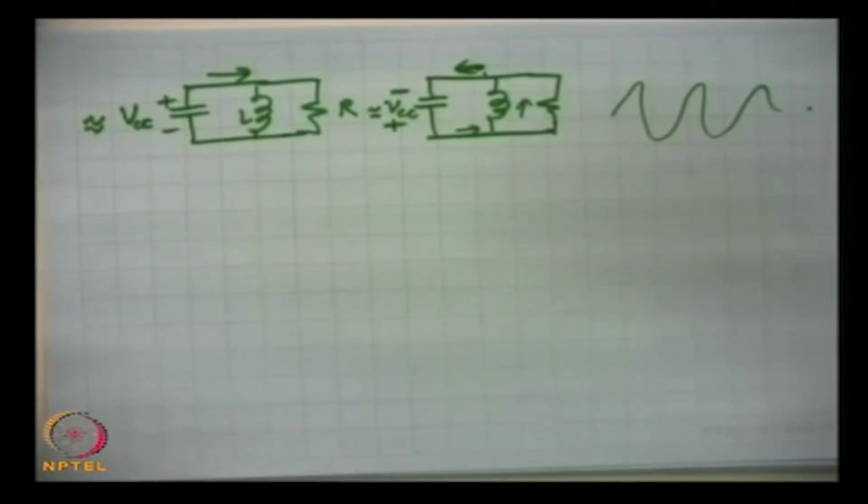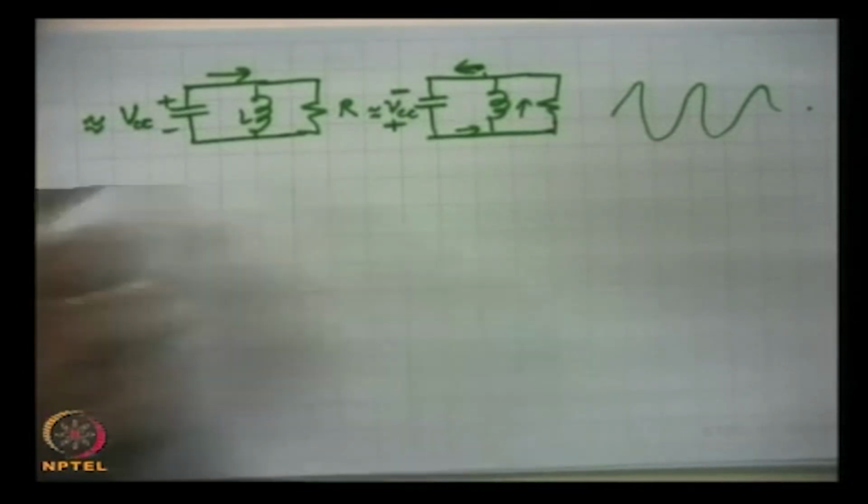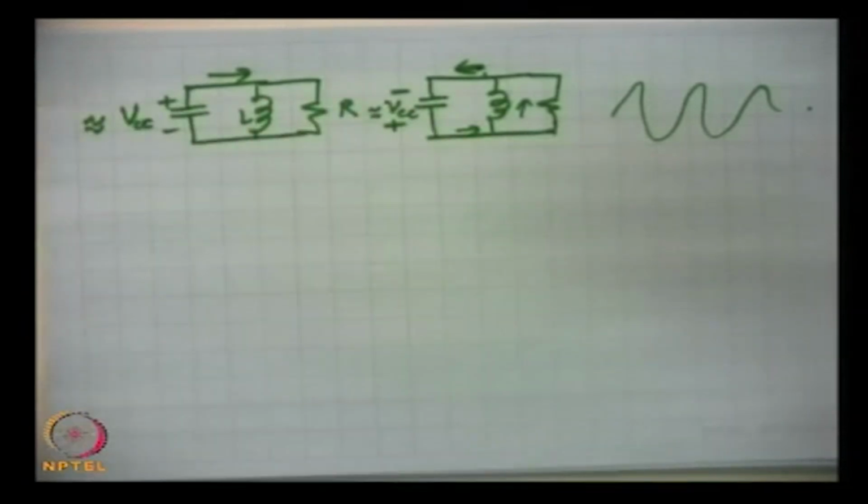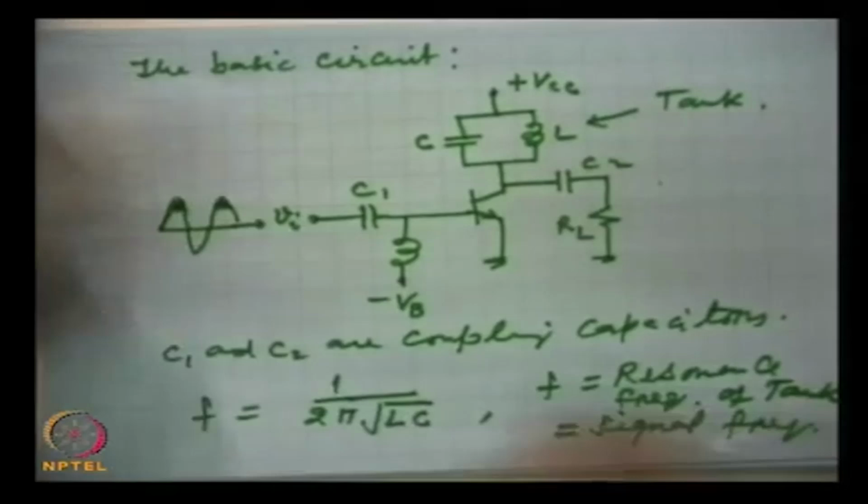By then another clock pulse will come and will charge it again to the same voltage, and the process will repeat. This way we continuously get an output pulse here.